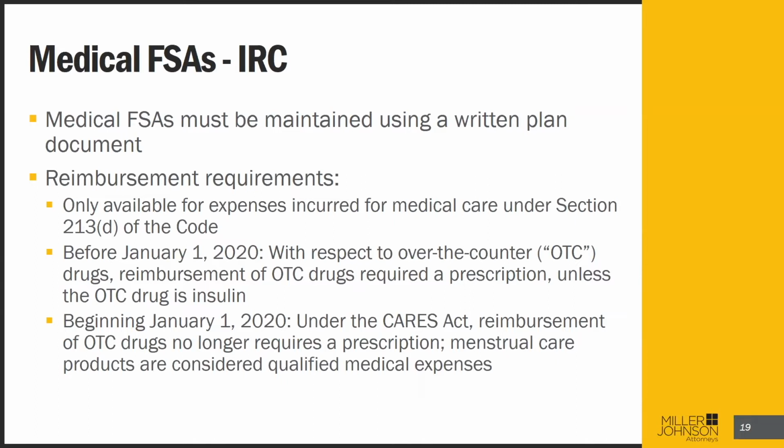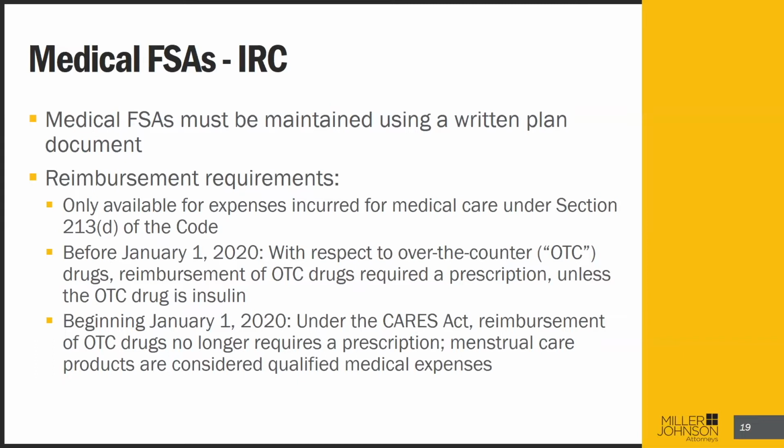So what are the requirements for reimbursement under a medical FSA? First, expenses must be incurred for medical care under Section 213(d) of the code. Also, expenses must meet reimbursement requirements listed in the plan document. A plan document by design can further limit expenses.